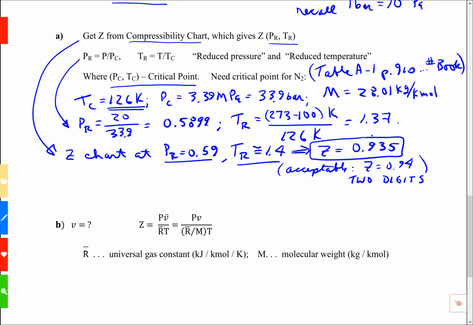Well, the compressibility factor is defined to be pressure times the molar specific volume divided by the universal gas constant divided by the temperature, absolute.